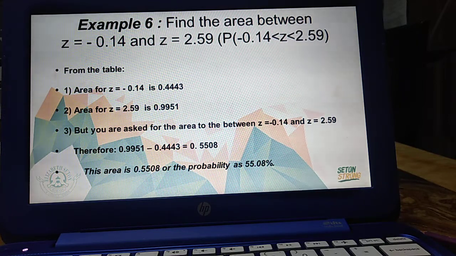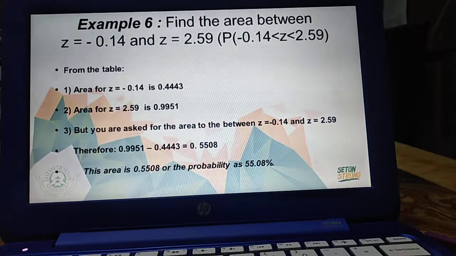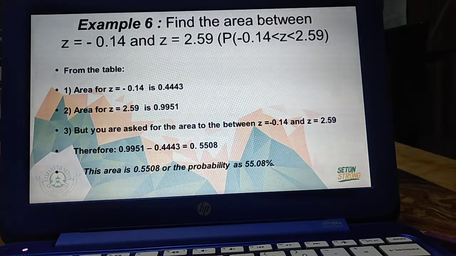So again, we will just summarize what we have discussed in getting the area. In getting the area of the z-score, first we have to change it into 3 digits. So looking at 2.59, in the row, there are 2 tables. One is negative and the other is positive.